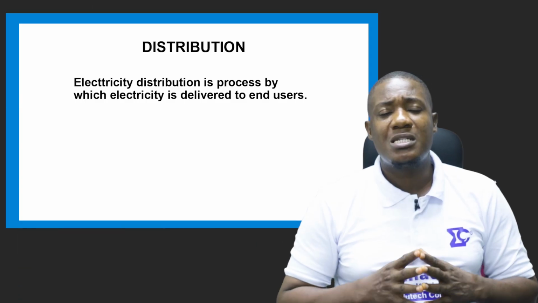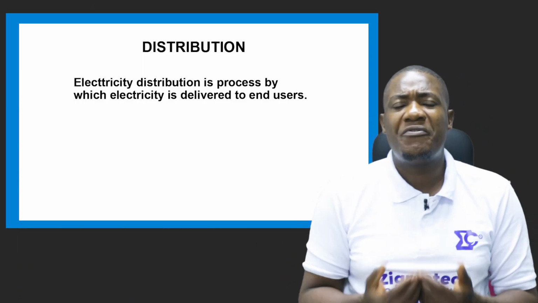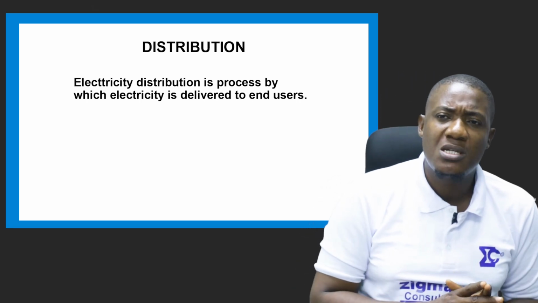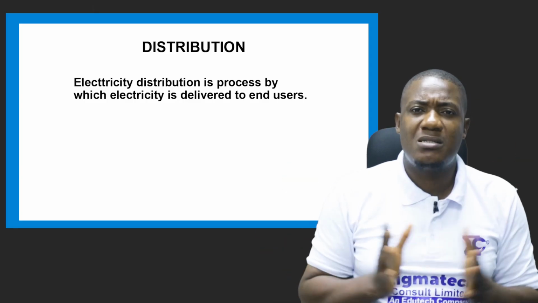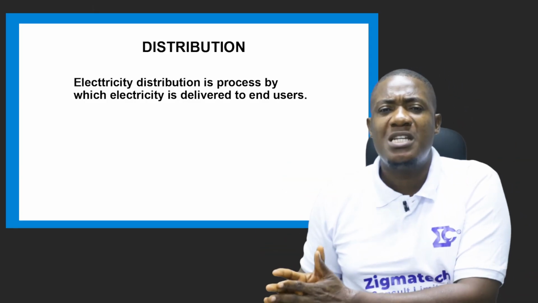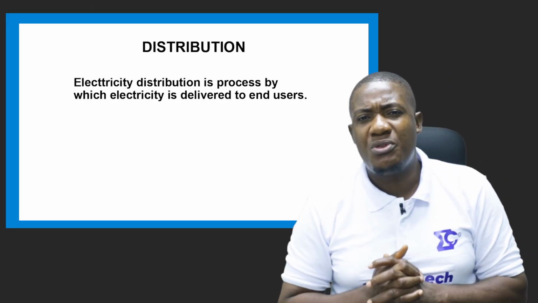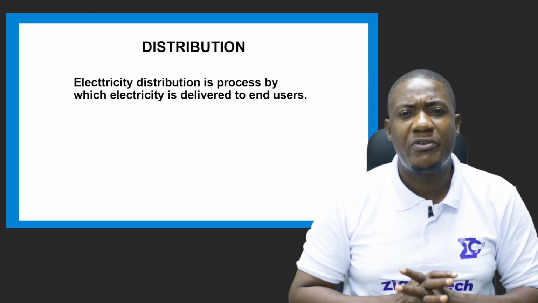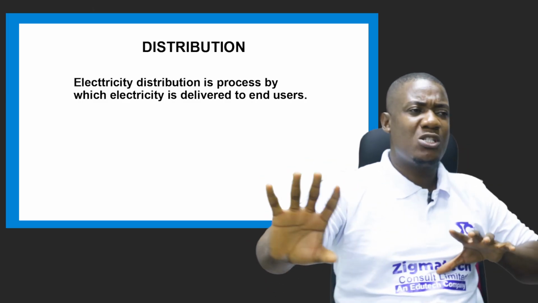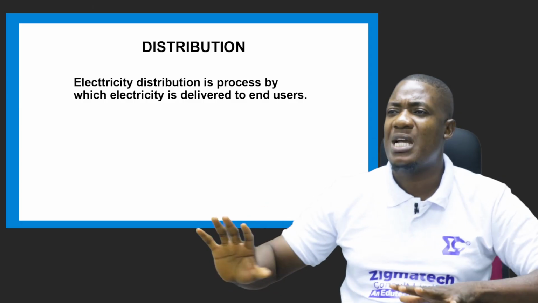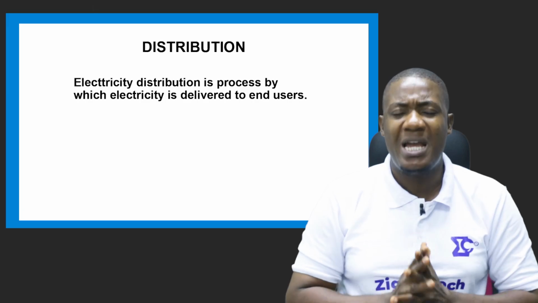The end users in this case include homes, offices, churches, mosques, name it. Some businesses, fast foods, restaurants, and hotels, these are end users of electricity. So when electricity is distributed to these end users, we say electricity distribution has taken place.